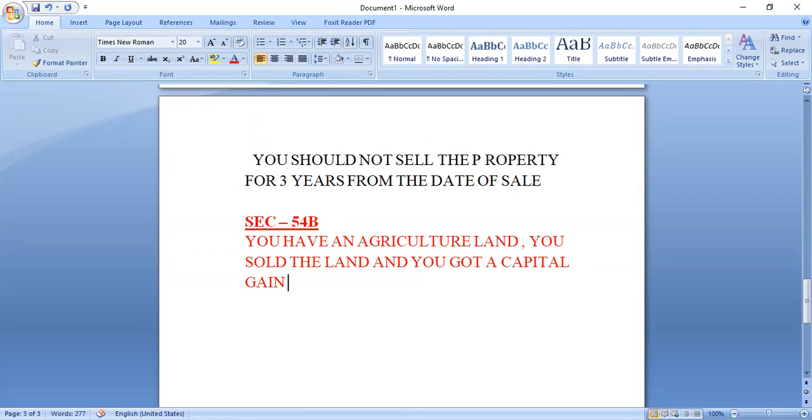On the capital gain, you have to pay 20% long-term capital gain tax.